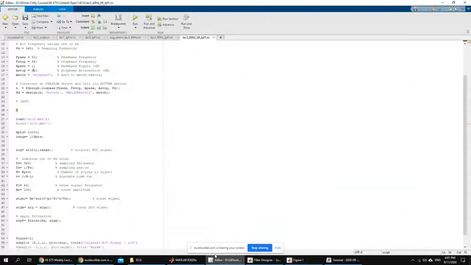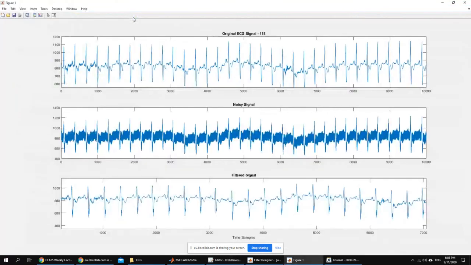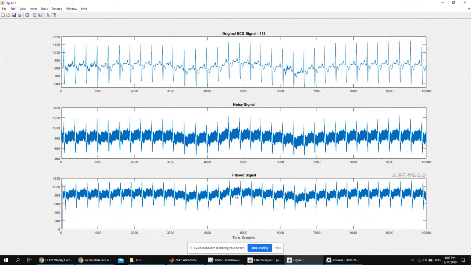Okay, let's try it with 50 here and the regular 40 decibels here. See here? Now it's not working. Now it's not doing the proper job actually.